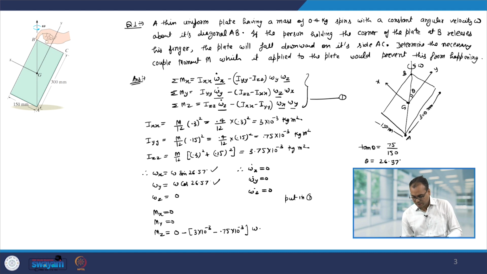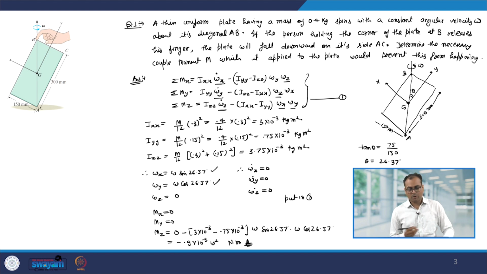So, let us put it here, omega sin 26.57 degree into omega cos 26.57 degree, and this comes out to be minus 0.9 into 10 to the power minus 3 omega square Newton meter. Okay. So, this much amount of moment needs to be applied to prevent this plate from falling down.